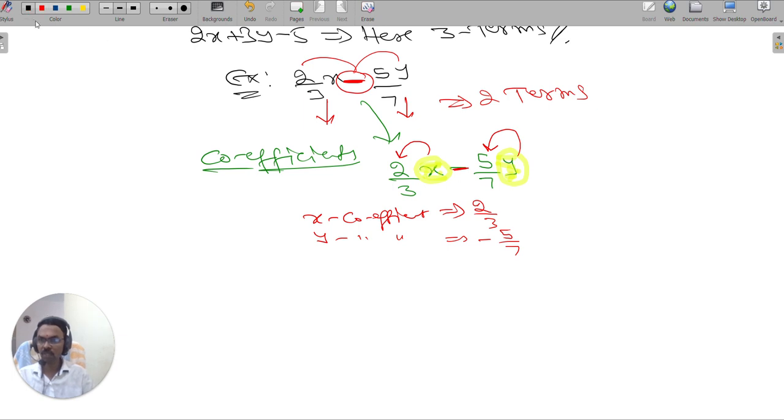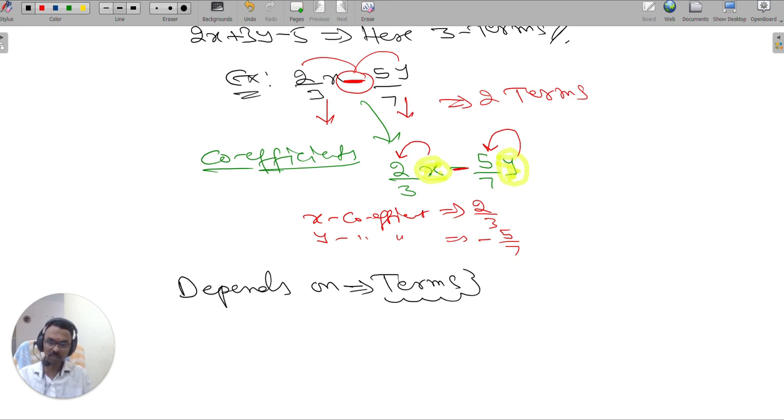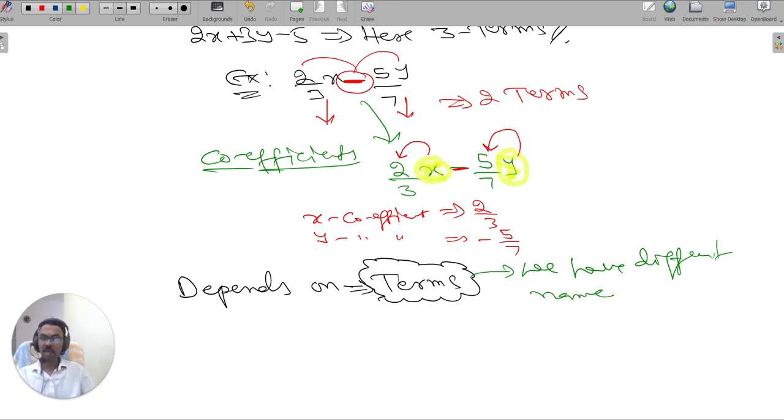Before going to polynomial, we have some different terminology. Depending on terms, we have different names, or we can separate the expressions.